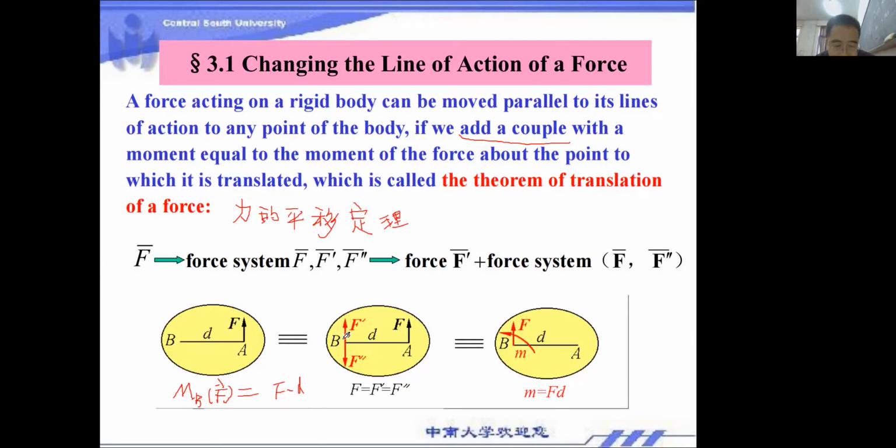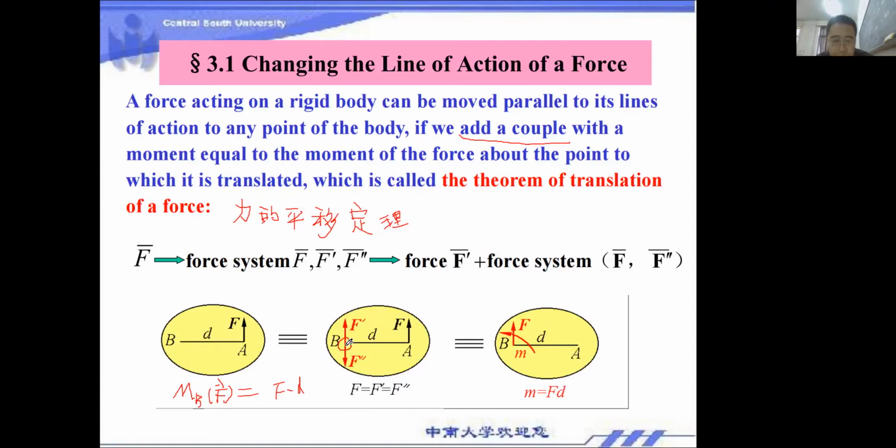So we have this F prime, which has the same magnitude and same direction as this F, and this F double prime, which has the same magnitude as F prime, collinear to F prime, and opposite direction of F prime. So you guys can know actually the resultant of these two forces will be zero. These two forces are balanced. So we can freely add or subtract from a body a balanced force system without changing its state.